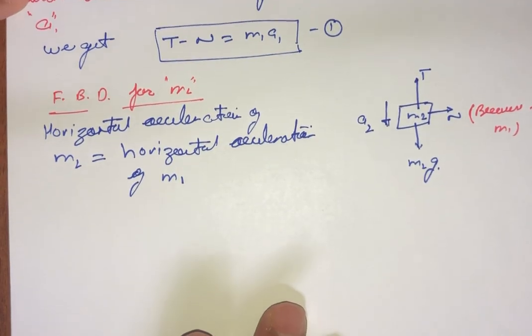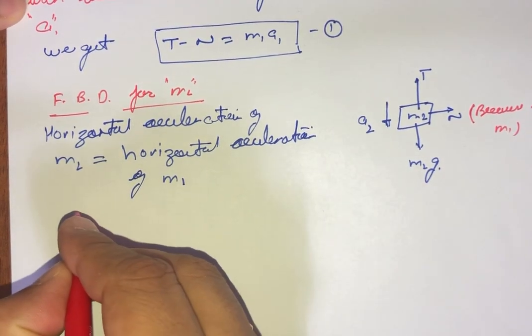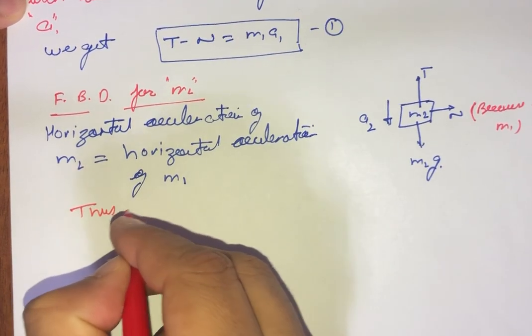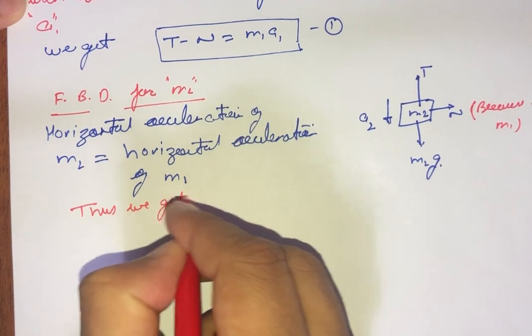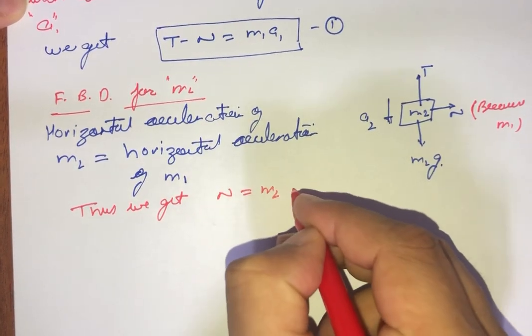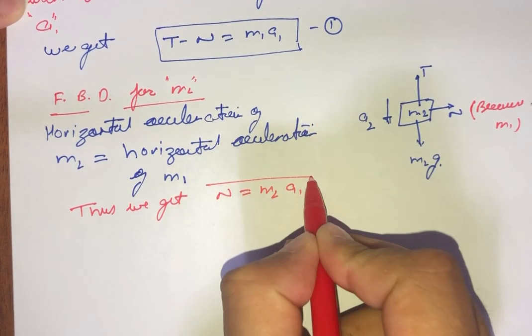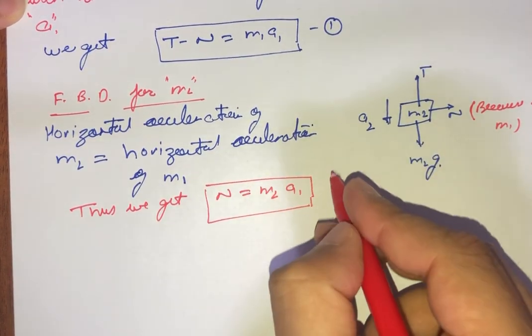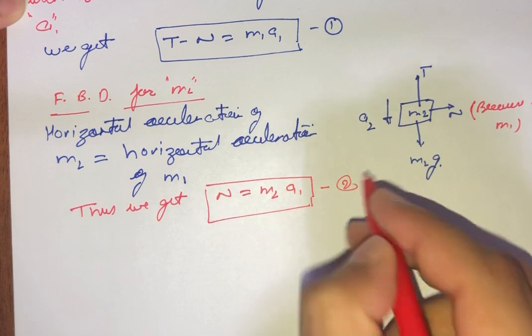So based on this, we get that N is equal to m2a1. So let this be equation number 2.